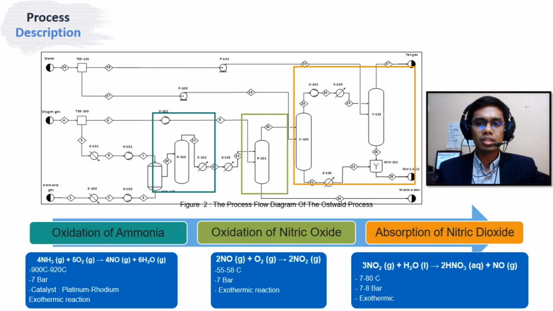The process stream is then cooled by passing through a cooler to 58 degrees Celsius or less. To form nitrogen dioxide, the nitric oxide reacts with oxygen in the oxidation vessel. Then the product is fed into the absorber, where the nitrogen dioxide reacts with water to generate nitric acid at 68% purity.